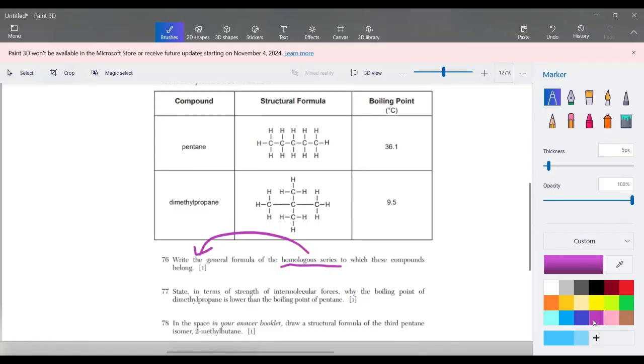So for the homologous series these belong to: these are hydrocarbons, they both are, right? They don't contain anything but hydrogen and carbon, and they have all single bonds between their carbons. So you should have an inkling that this puts them in the category of alkanes.